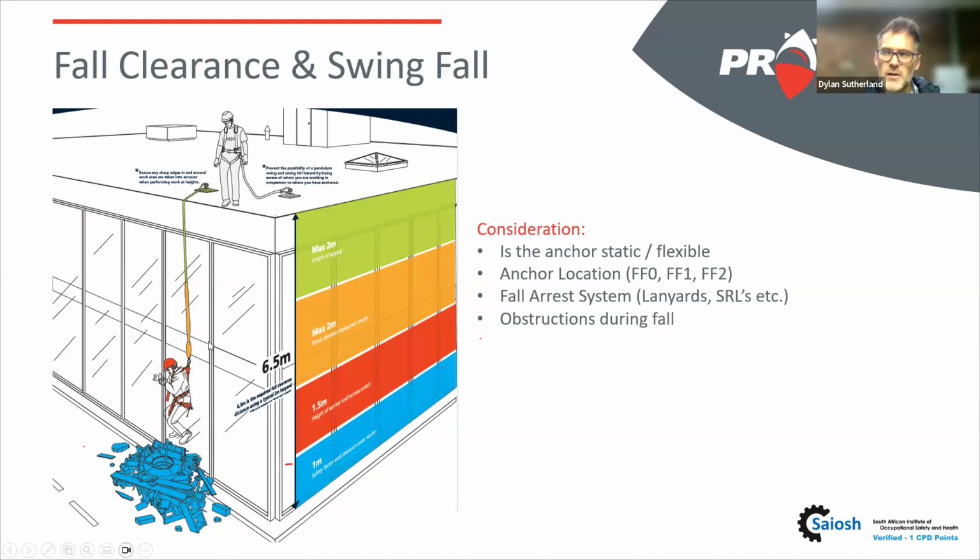So it's far safer, less likelihood that the person will knock themselves unconscious in general, but obviously there's a cost that comes with that. And then the consideration of what might be obstructing the fall. And that we need to consider, because no site is the same. No fall arrest situation is the same. We need to be considering that because that can be changing and that could highly affect the person that has fallen.